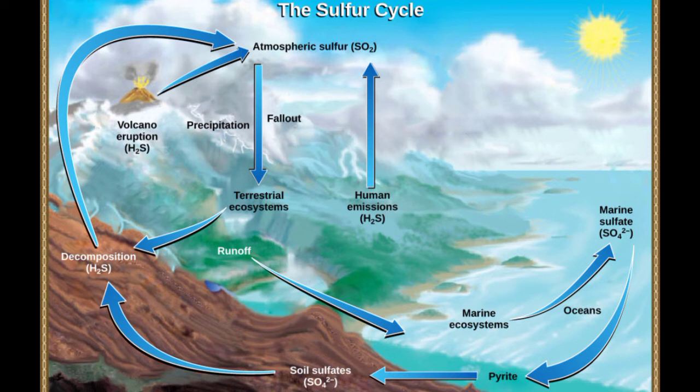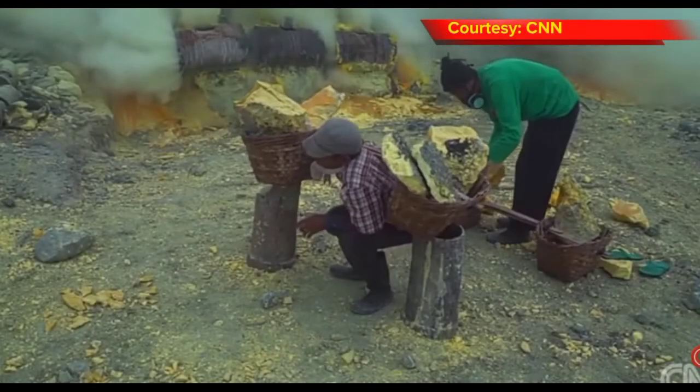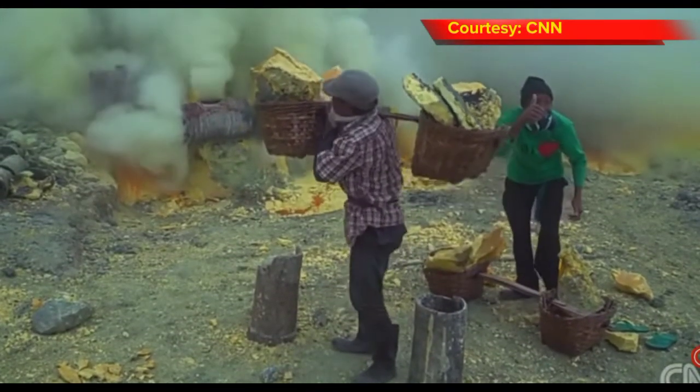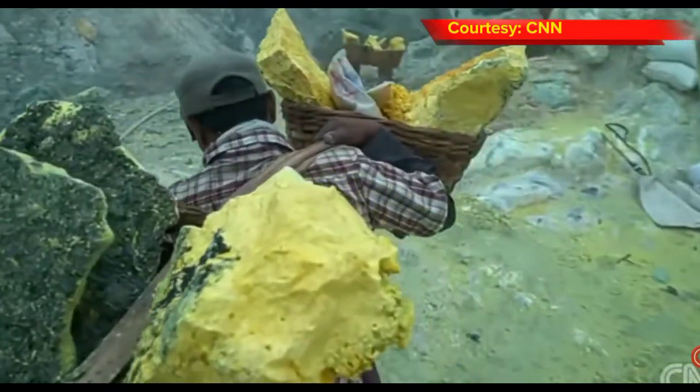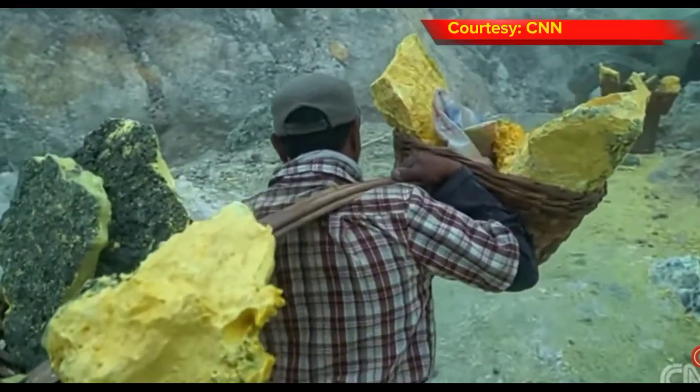Sulfur is released into the atmosphere by the burning of fossil fuels, organic activities, and the decomposition of organic molecules. On land, sulfur is stored in underground rocks and minerals. It is released by precipitation, weathering of rocks, and geothermal vents.